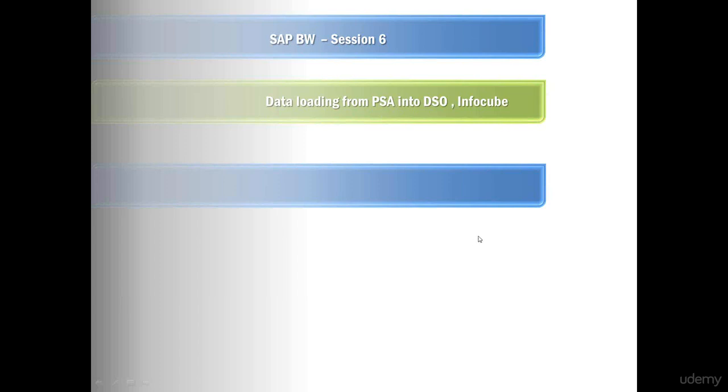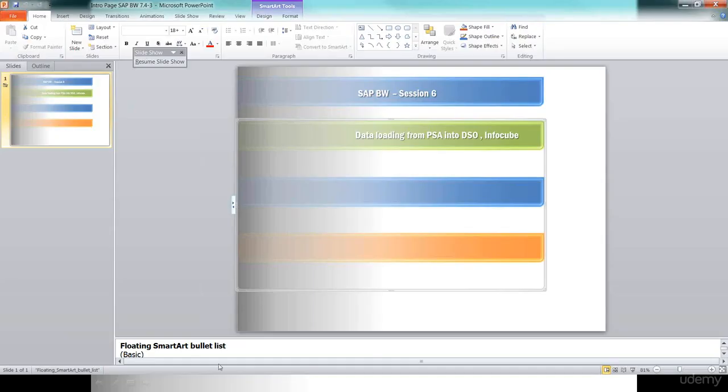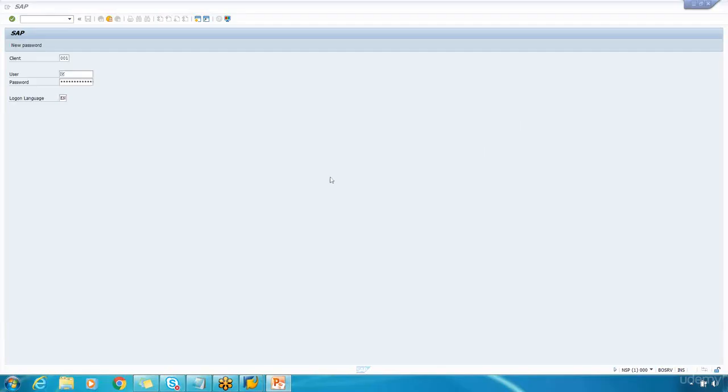So let's go ahead and begin to load data into DSO, and I will tell you what steps are available for that. I'm going to log into our SAP BW.